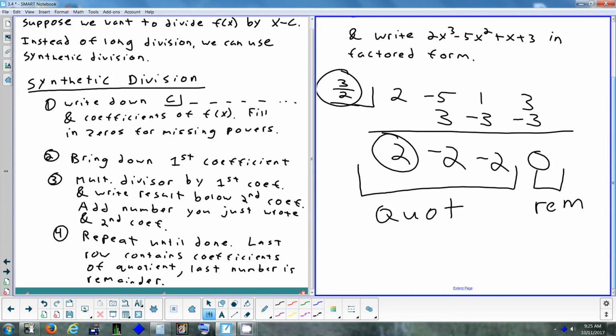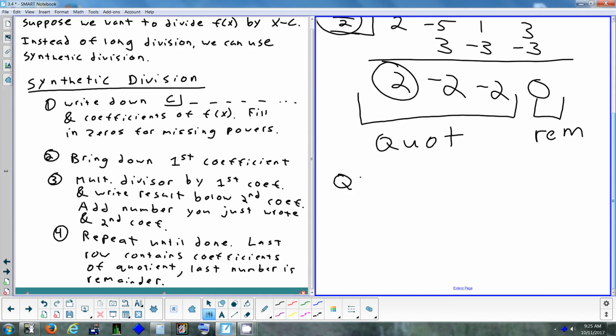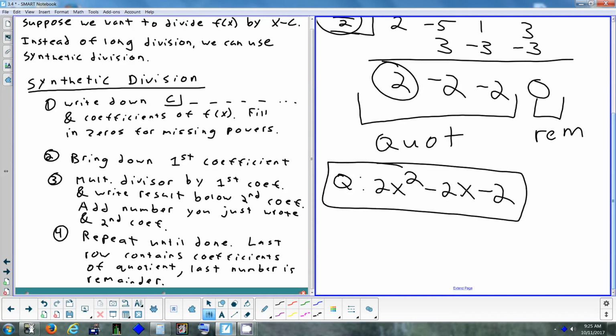You just have to count in the quotient box to see what your highest exponent is. So we have x squared, x, and a constant. So my quotient is 2x squared minus 2x minus 2. That's my quotient, and my remainder is 0.